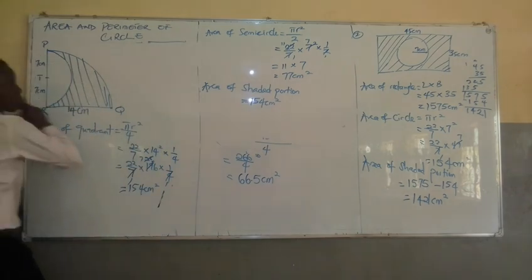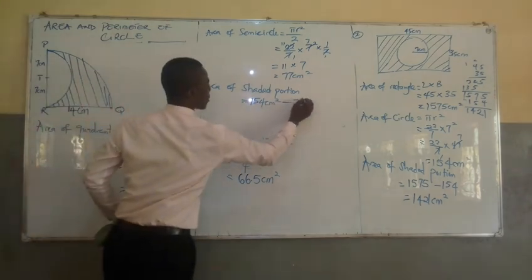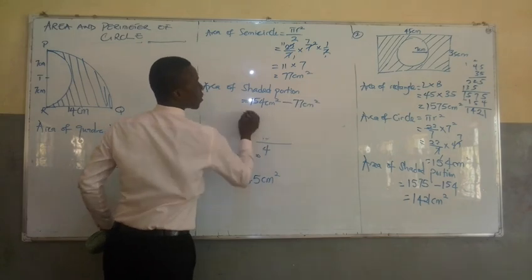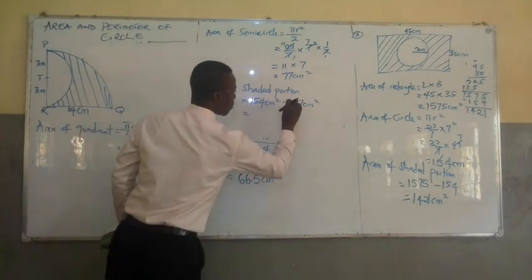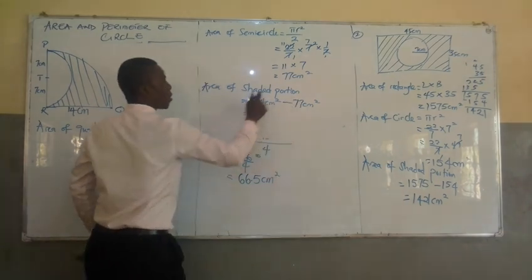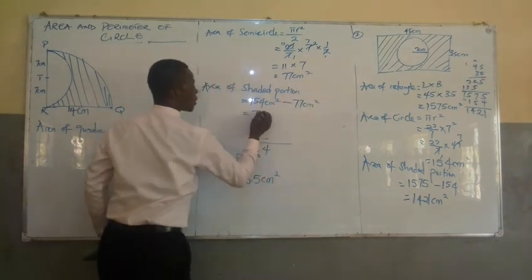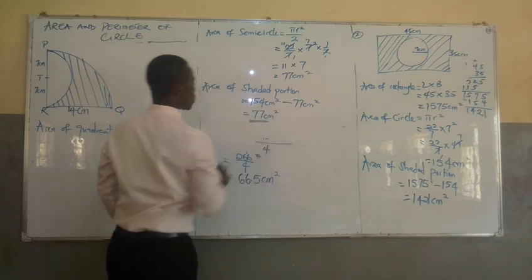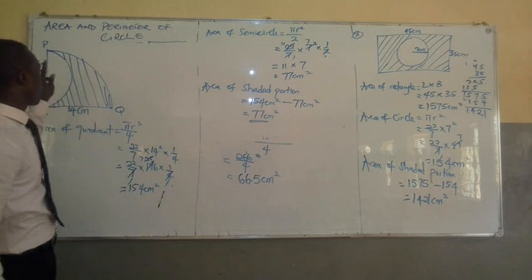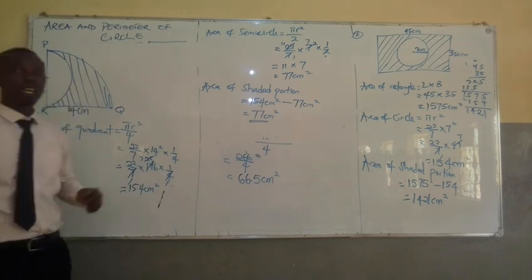So I'm removing this part, and that's minus 77 centimeter square. So at this point, I'm going to have 154 minus 77, that gives 77 centimeter square. So that is the area of the shaded portion.